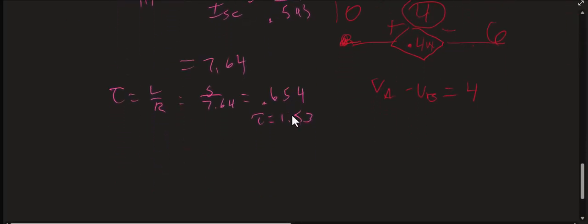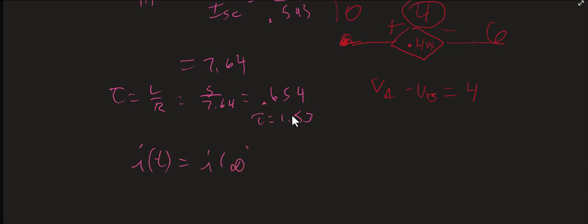And so that gets us I at any time t equals I at infinity plus I at 0 minus I at infinity, e to the minus t times 1 over tau.